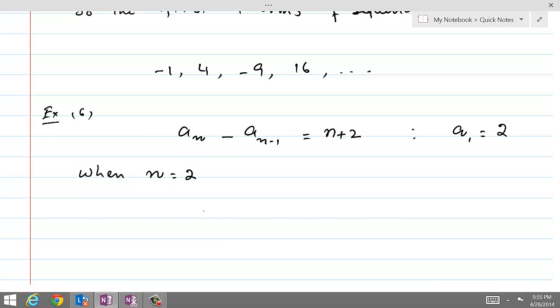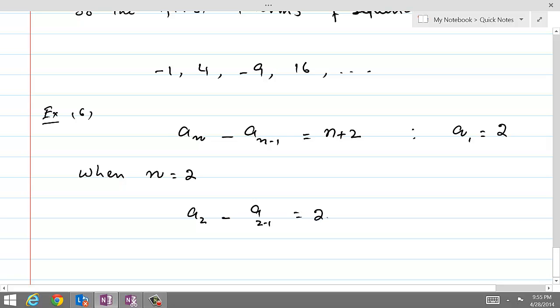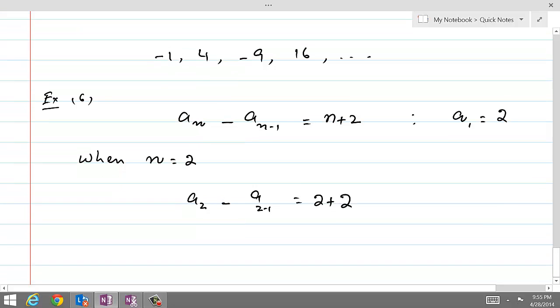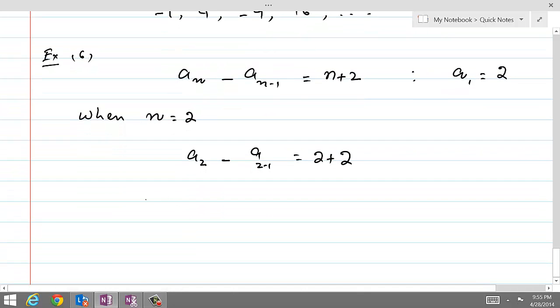Here, if n is equal to 2, then a2 minus 1 is equal to 2 plus 2. This means a2 is equal to a1, because a2 minus 1 means a1, plus 4.